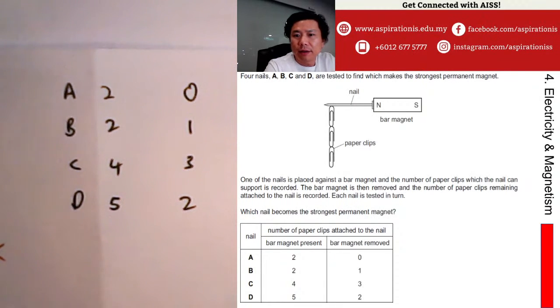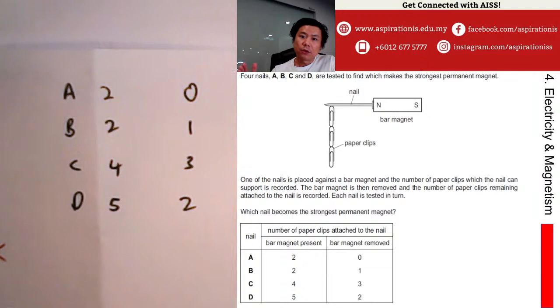Whether or not the nail becomes a permanent magnet, and the strength of the permanent magnet, which is the nail, depends on the number of paper clips attached when the bar magnet is not there. I hope you know the difference between soft and hard magnetic material.